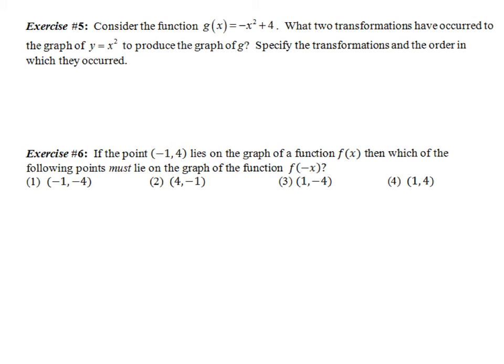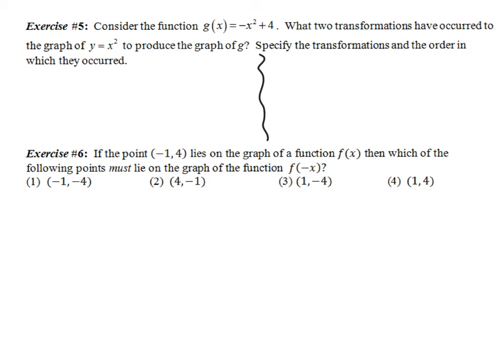In exercise number 5, we want to consider the function g of x equals negative x squared plus 4. There are 2 transformations that have occurred to our parent function y equals x squared in order to produce the new graph of g. Now, we can actually look at this in 2 different ways, so I'm going to set this up as 2 different columns. In the first case, I can say, let's start with our x squared.